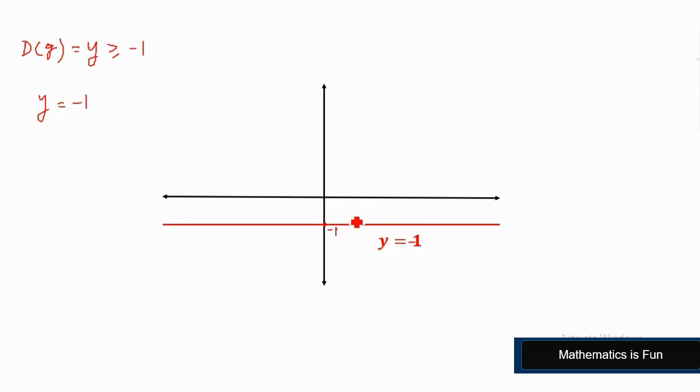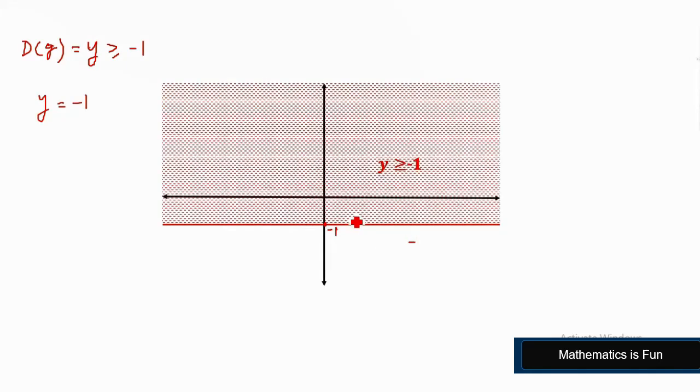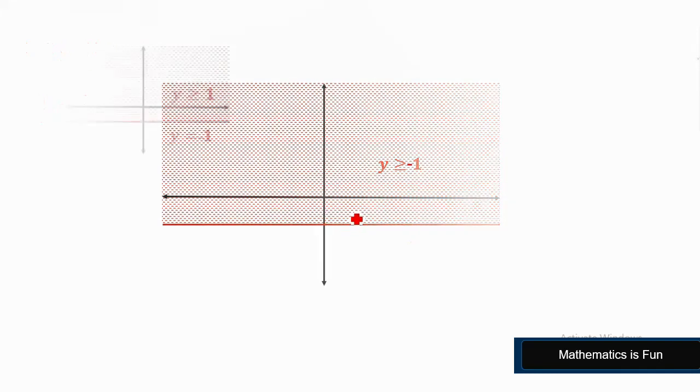So now we have to find the region for the domain of g. So y greater than or equal to minus 1 means the region above the line y equal to minus 1, and the line is also included in the domain of g.